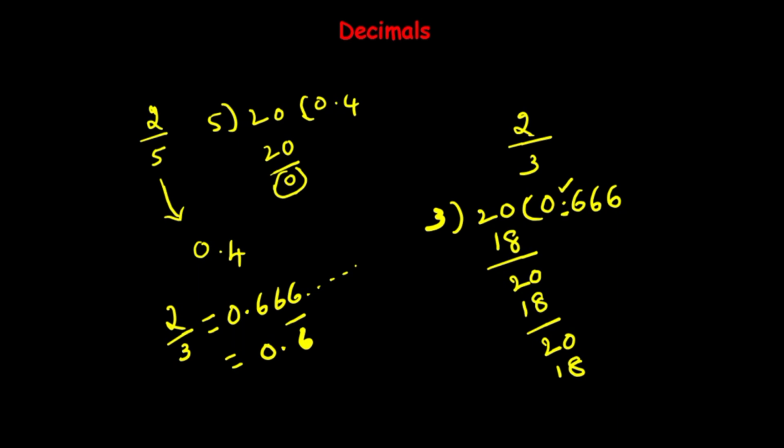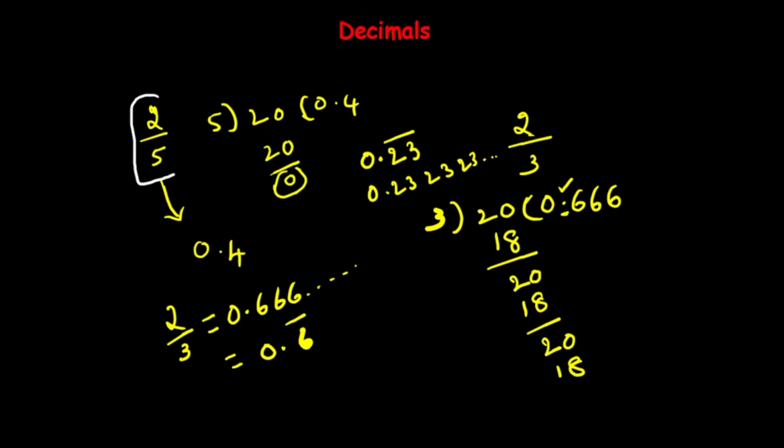And for example, you have 0.23 bar. This means the result is 0.232323, and so on. So what I am trying to say is every fraction number can be written in decimal form.